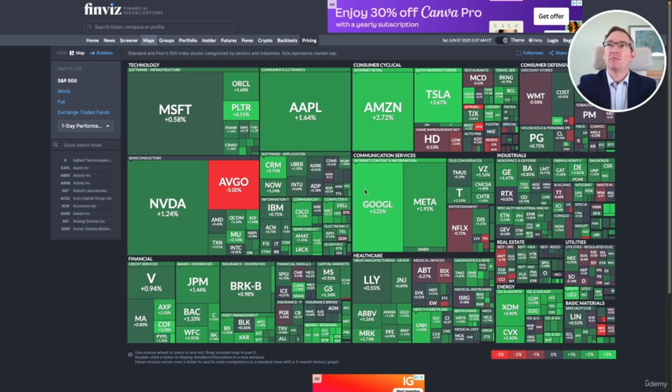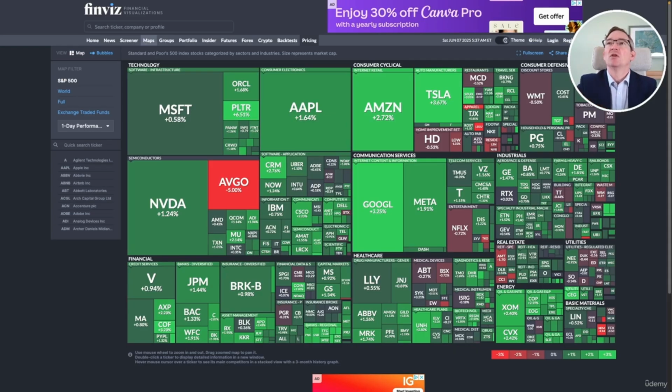If it's a split map, where some parts of the map are green and some parts are heavily red, then you've got weak internals. So even if the index is up, be careful, because internally there's something not quite right and the rally is not being supported. Say you've only got tech stocks rising, like Microsoft, Apple, Nvidia, Google, Meta, Amazon, and the rest of the index is red, then the index may be rising just on very narrow leadership.